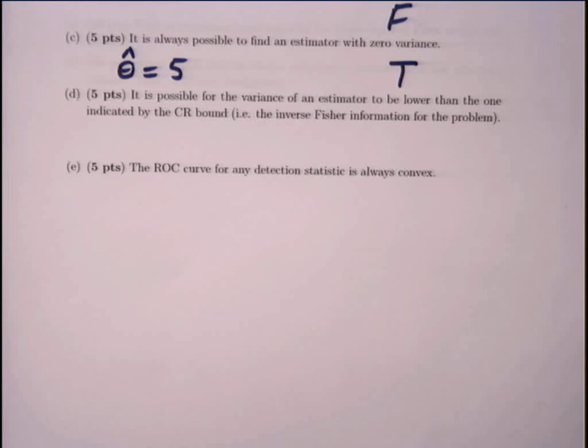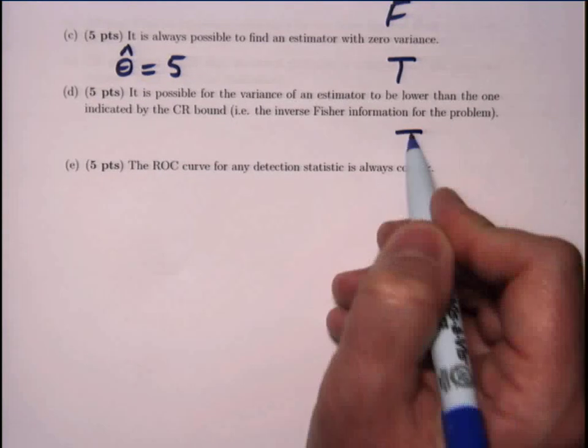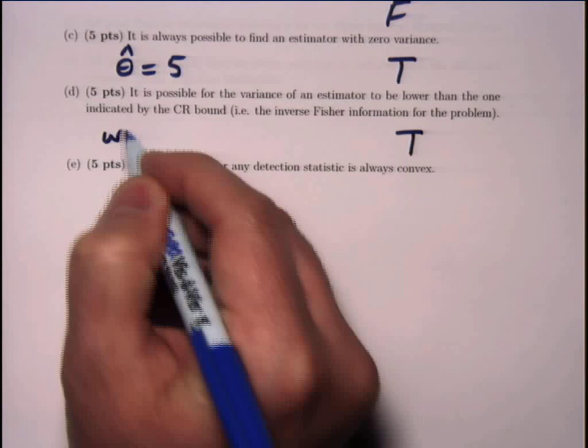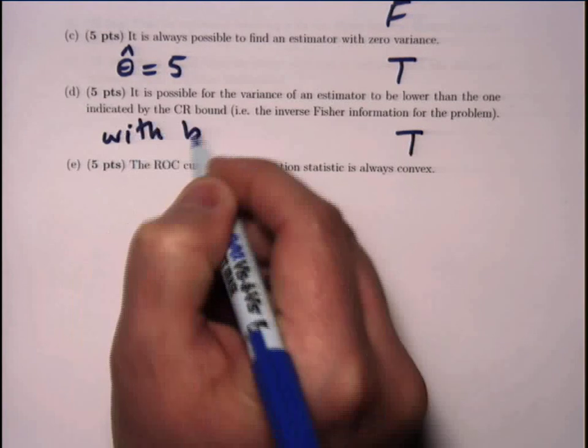So basically, the answer is true if you're willing to have bias. If I give you the Cramer-Rao bound in the unbiased case, and you come up with a biased estimator, you can violate that bound. So this is true with bias.